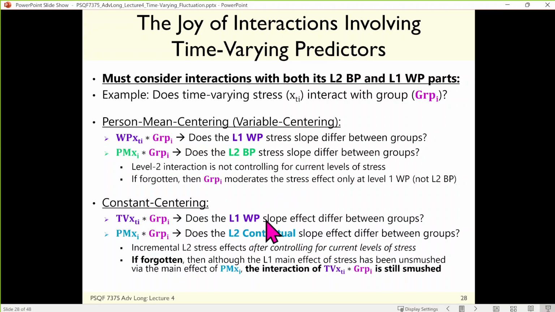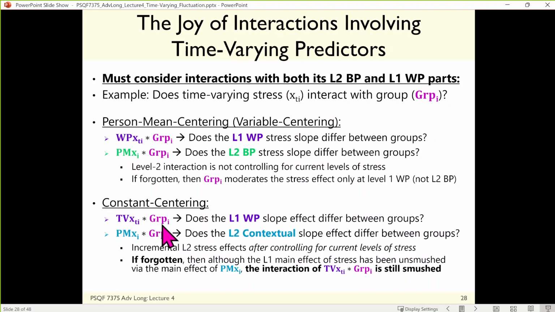Now, if I go the other way, I'm asking whether the within slope varies by group in the cross-level interaction, and at level 2, I'm asking if the contextual level 2 slope varies by group, not between, but contextual. And so that implies that if I forget this level 2 interaction and I just have time varying X minus a constant times group, that is a smushed interaction.